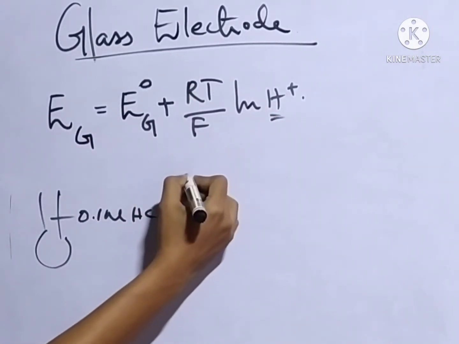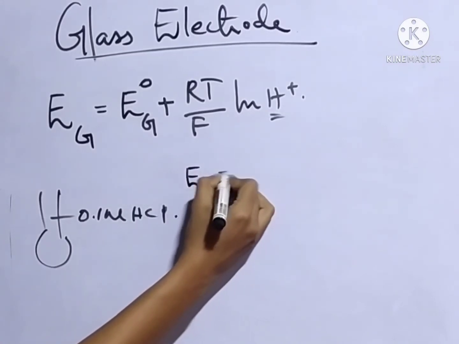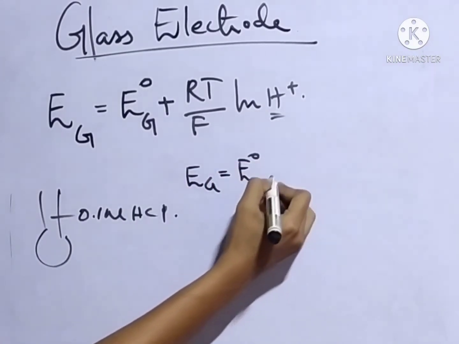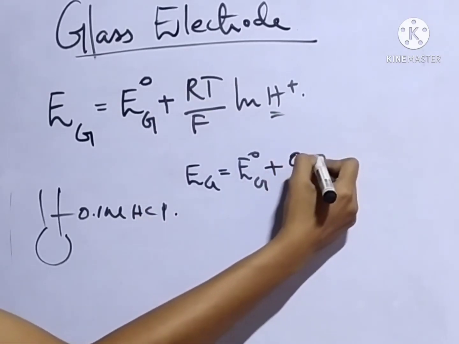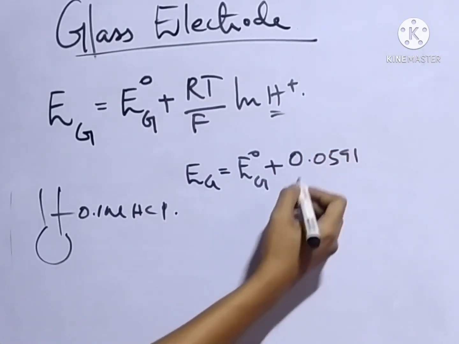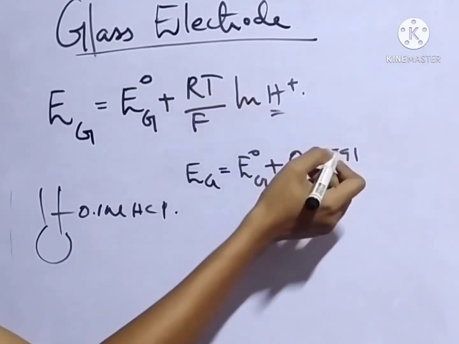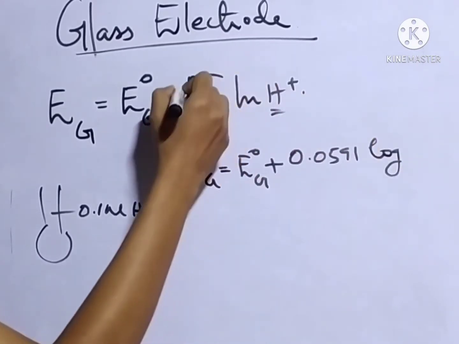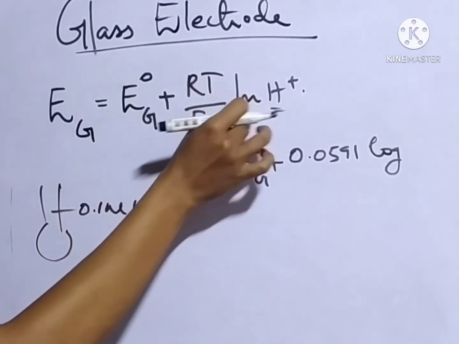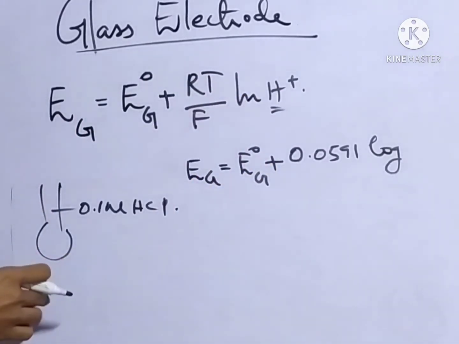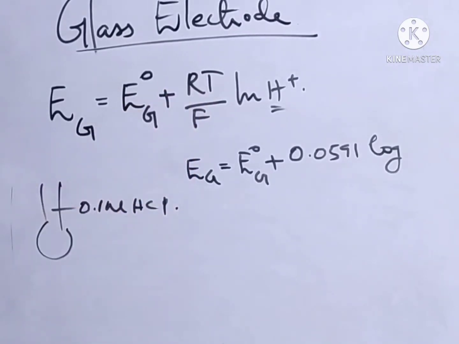Now we can convert it like this: Eg equal to E0G plus 0.0591 log. That is, we are going to multiply this with 2.303 and convert this into log to the base 10.